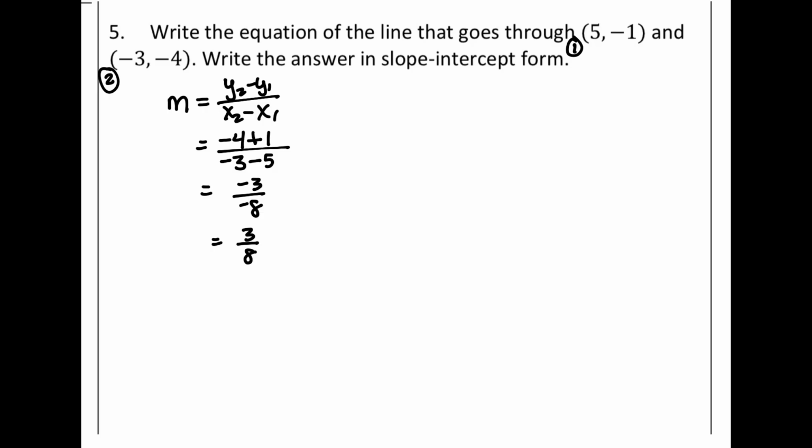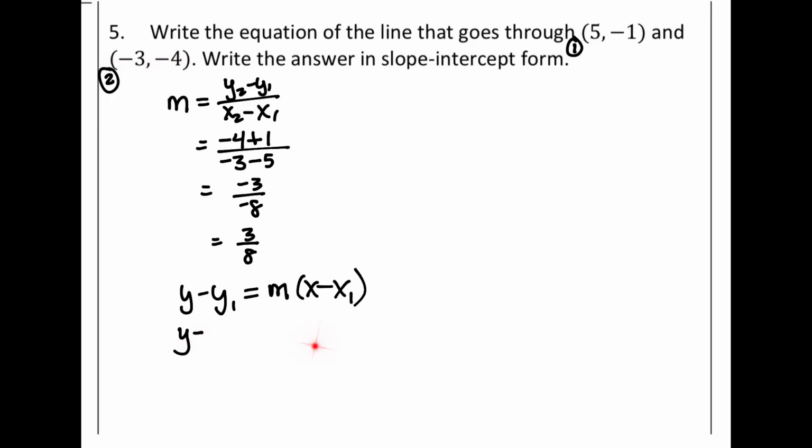Okay, now instead of working the other part down here, I'm just going to keep going down this way. So y minus y1 equals m times x minus x1. So y minus, okay, let's take a look at the points, see which one I want to use. If I use the two negatives, my minuses will change to pluses.